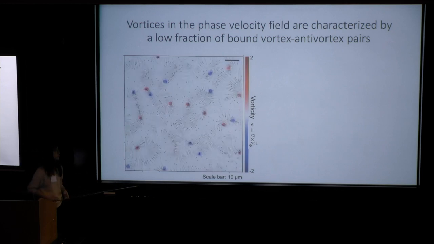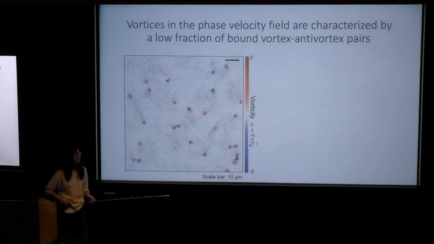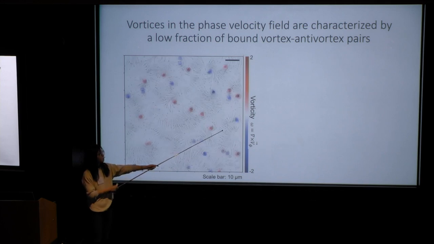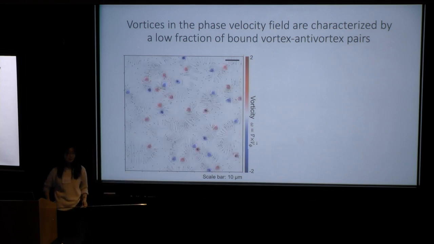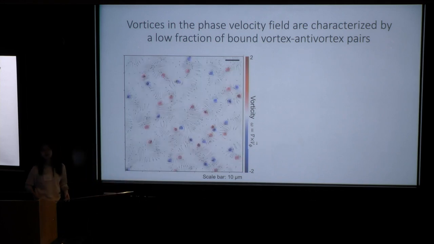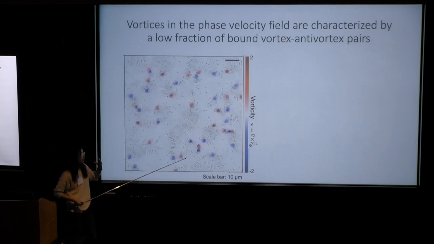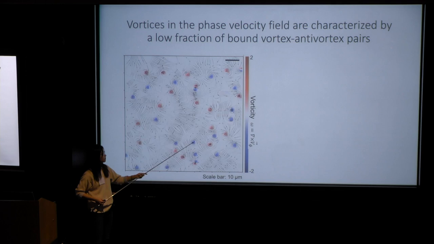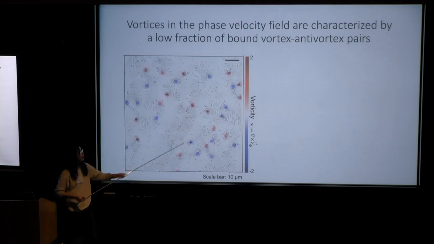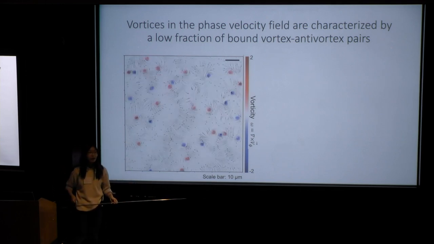Visualized here is the streamline representation of the phase velocity field and also the colored vorticity field of the phase velocity. We can see that consistent with our initial observation, the high vorticity magnitudes are very tightly concentrated around those vortex centers that are similar for all the vortices on the membrane.